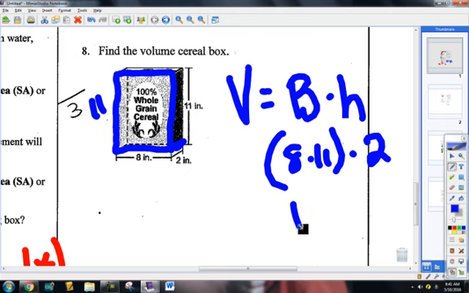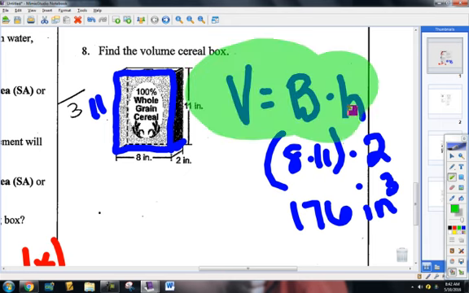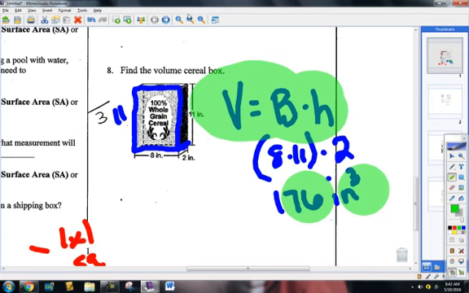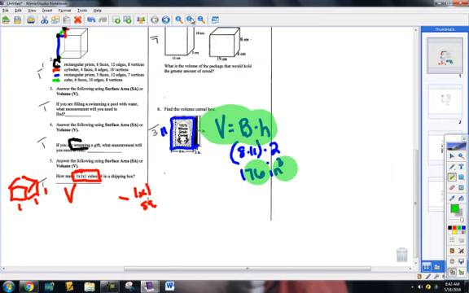We're going to end up getting 176, right? And then, of course, inches cubed. If you're putting inches squared, make sure you're subtracting 1 from your points. Everybody got that? This page is going to be out of 16. This page is out of 16 points. We got that?